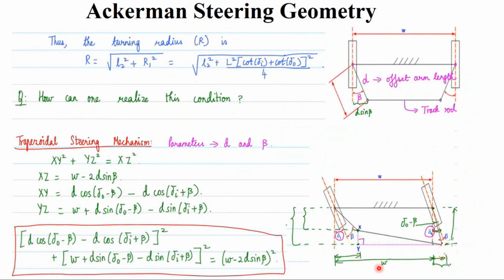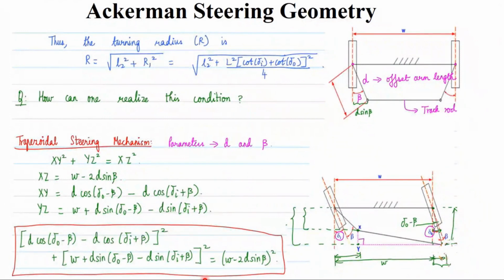You see w is nothing but the wheel track, right? And why do you have 2d sine beta? Because in one direction it is d sine beta, but you also have additional length here, because xz goes up to here. So one side is d sine beta and another side is also d sine beta. When you add d sine beta plus d sine beta, it becomes 2d sine beta. That's what is mentioned here.